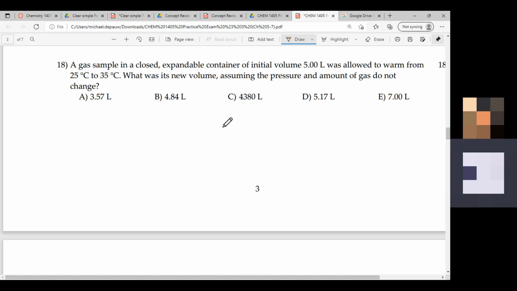Now, obviously there's a lot of gas laws. If you're having trouble remembering them all, just remember this one, the ultimate combined gas law. So it's P1 V1 over N1 T1 is equal to P2 V2 over N2 T2.